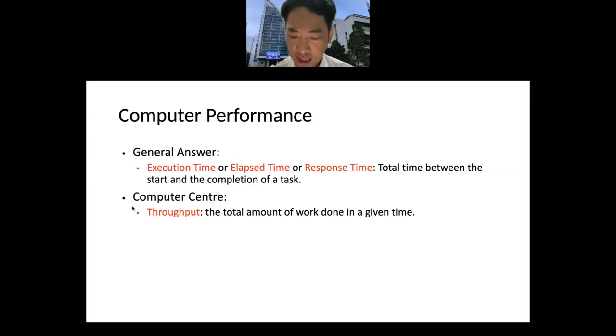And at that time, you will know that the time that a computer uses to execute a job means that we have CPU time. This is the time that the CPU spends on the job, and the queuing time.